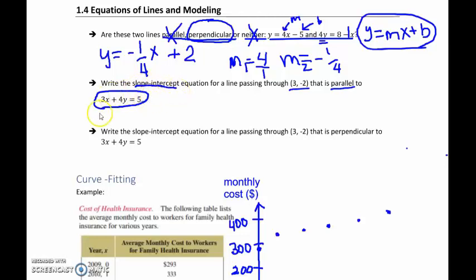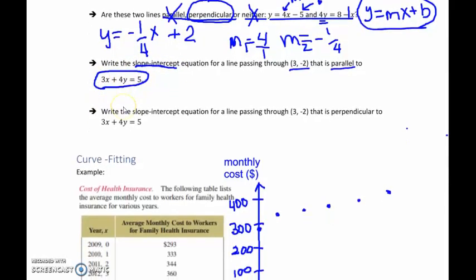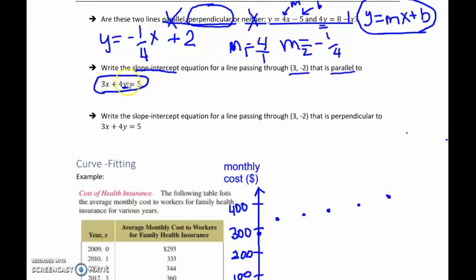Okay, so we said we're only going to use this line to determine the slope. Well, how do we know the slope when we're given an equation? We put it into slope-intercept form. So we need to solve for y, and then once we solve for y, the other side of the equation will have mx plus b if it's a line, which this is. Okay, so to solve for the y, we first need to subtract 3x.